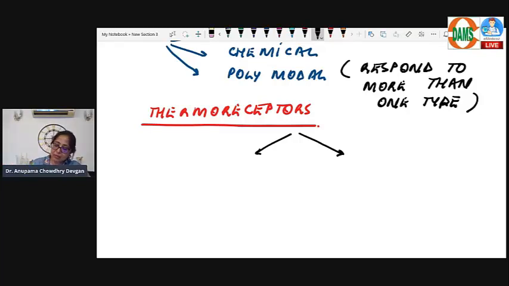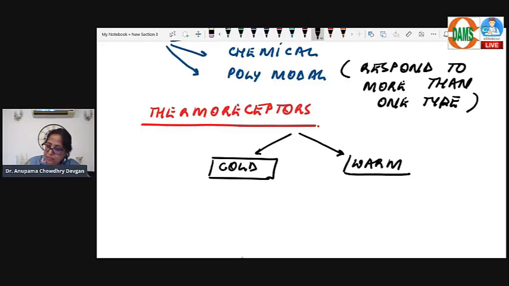Now, thermoreceptors can be cold thermoreceptors or warm thermoreceptors. Cold thermoreceptors are more numerous.